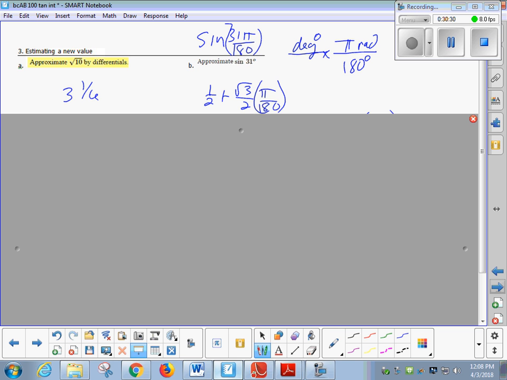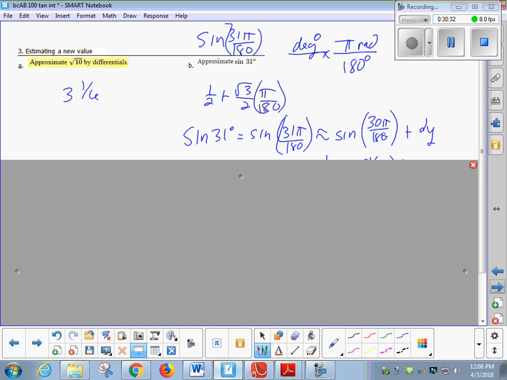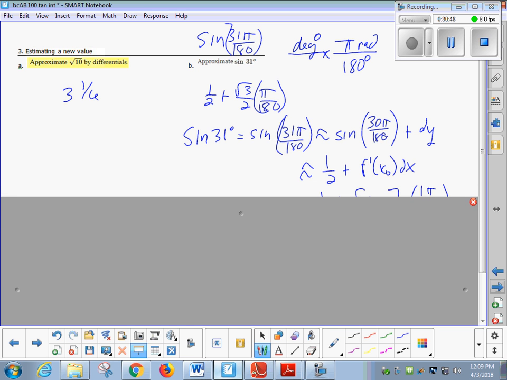After that, I said sine of 31 pi over 180 would be like sine of 30 pi over 180, which is like sine of pi over 6, plus some change. I started at a good point close to 31 pi over 180, which is 30 pi over 180. Sine of pi over 6 is 1/2, plus the derivative idea.